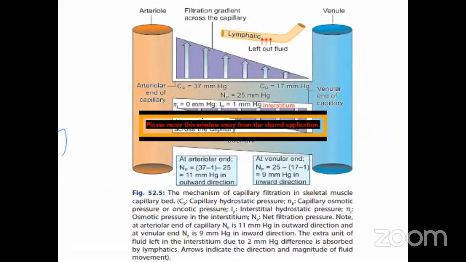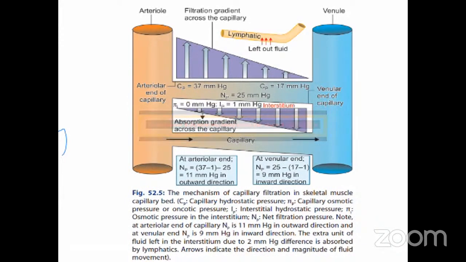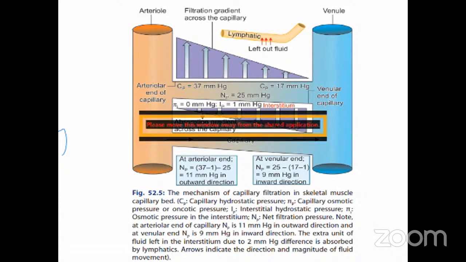If we see the diagram, at the arteriole and the venule, the capillary pressure at the arteriolar end is 37. The arrow shows that fluid is always pushed out. That is the tendency to push out; the arrow indicates it, maximum at the arteriolar end and less at the venular end. At the venular end it is 17 mm of Hg.